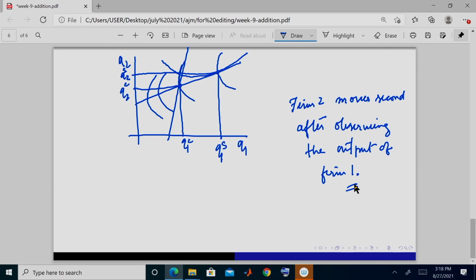But in the homogeneous good case, we found that firm 2 will always try to move simultaneously along with firm 1. But here in this case, we have found that firm 2 prefers to move second, that is in stage 2 after observing the output of firm 1. So, here there is a second mover advantage.